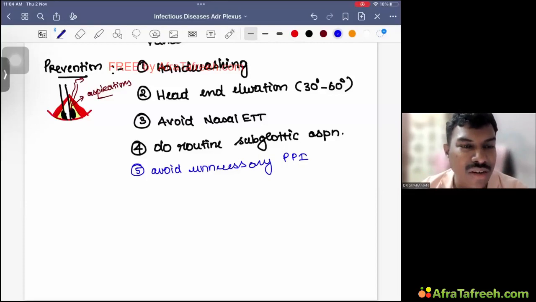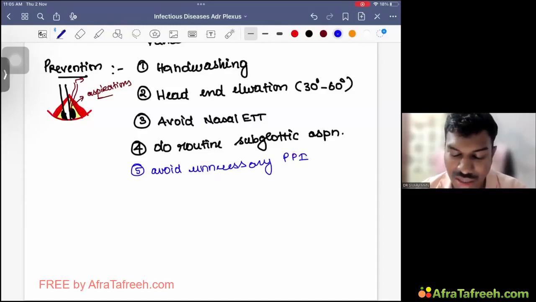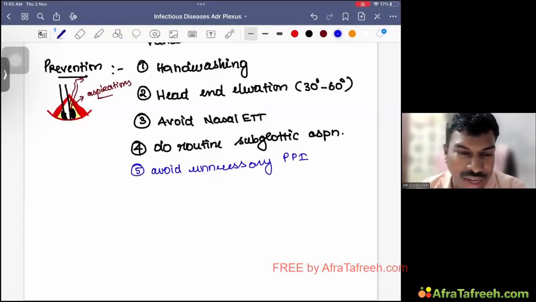But now we are going to a world where in future there will be genetic transformation, and there will be no acid secretion in the stomach. Directly we have to give food into the intestine. The day might come because the whole world, especially whole India, is on PPI. So the evolution will be like that in future. Stomach will become a vestigial organ. So avoid unnecessary PPI.